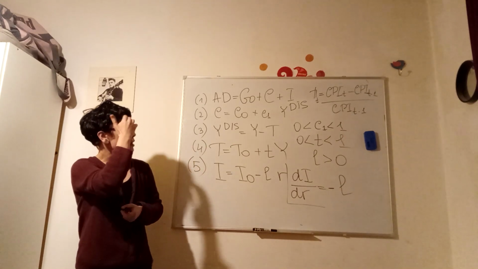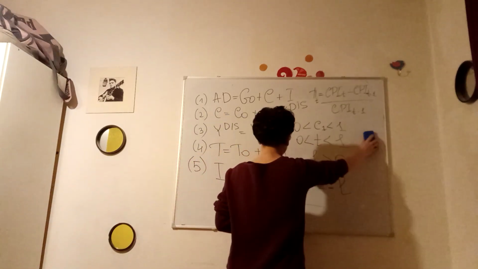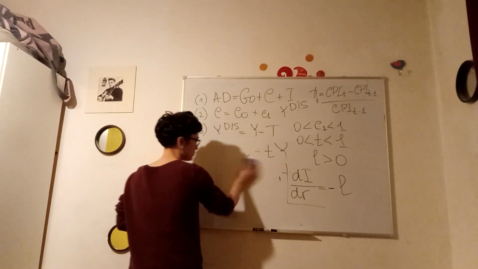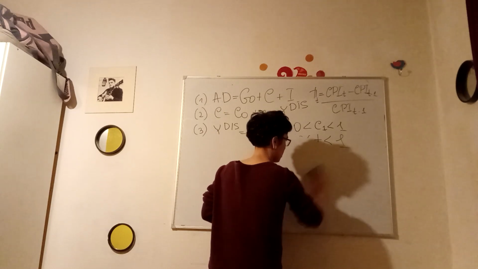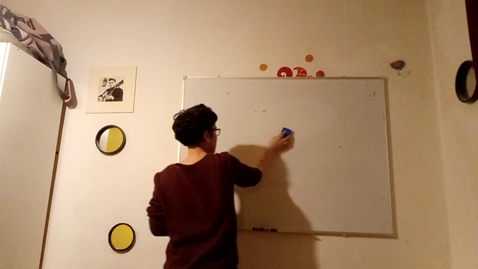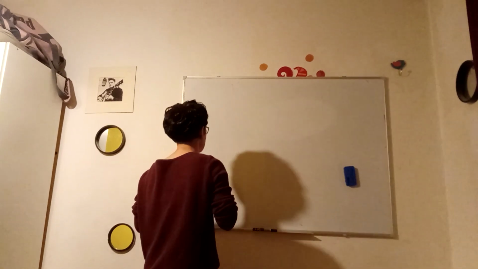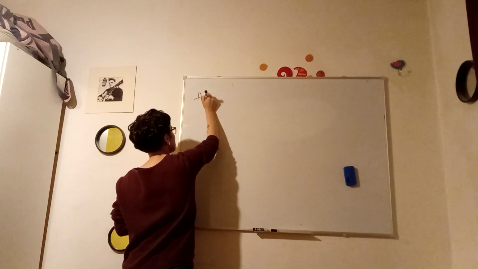So here we have everything we need in order to derive the aggregate demand curve. For this purpose, you simply put equations 2, 3, 4, and 5 into equation 1, and that's what you are going to get.